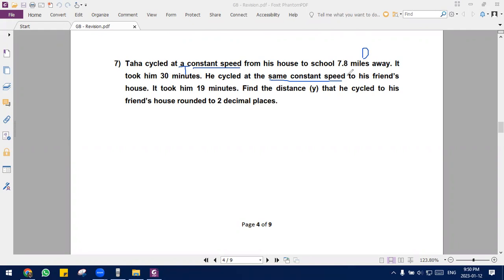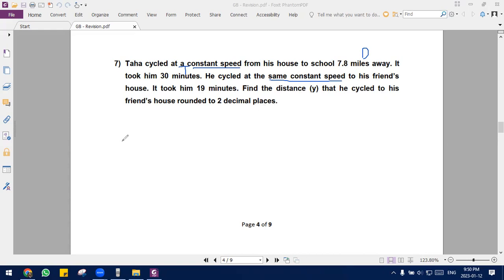So he cycled the same constant speed to his friend's house, and it took him only 19 minutes. We need to find the distance y that he cycled to his friend's house, and then round it to 2 decimal places. So if the answer has more than 2 decimal places, we need to round it.